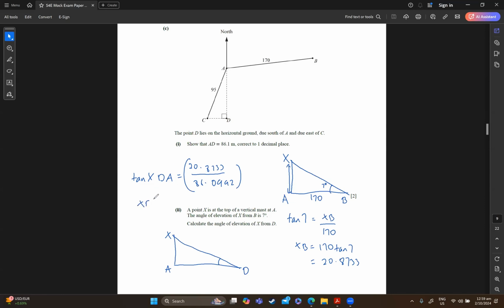So XDA equals tangent inverse of this fraction. You should get 13.62. Round it off to 1 decimal place, it should be 13.6 degrees.